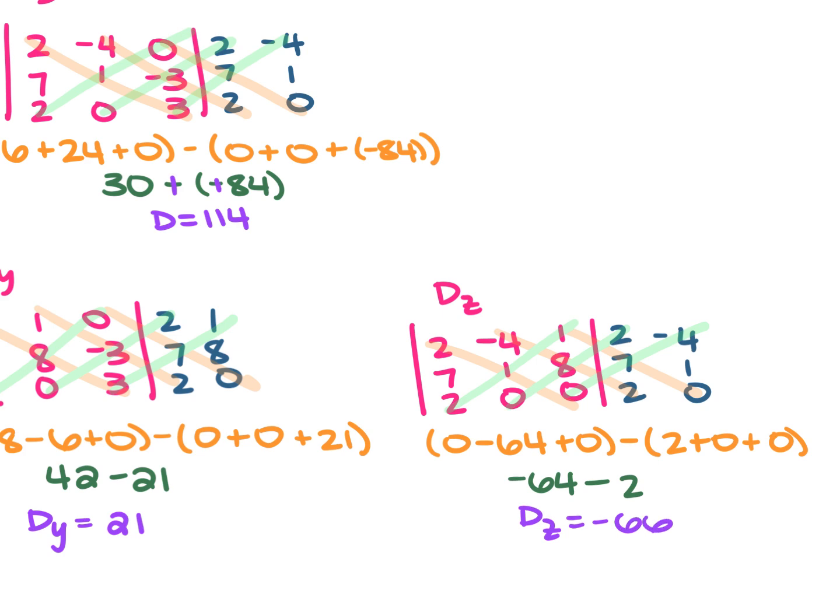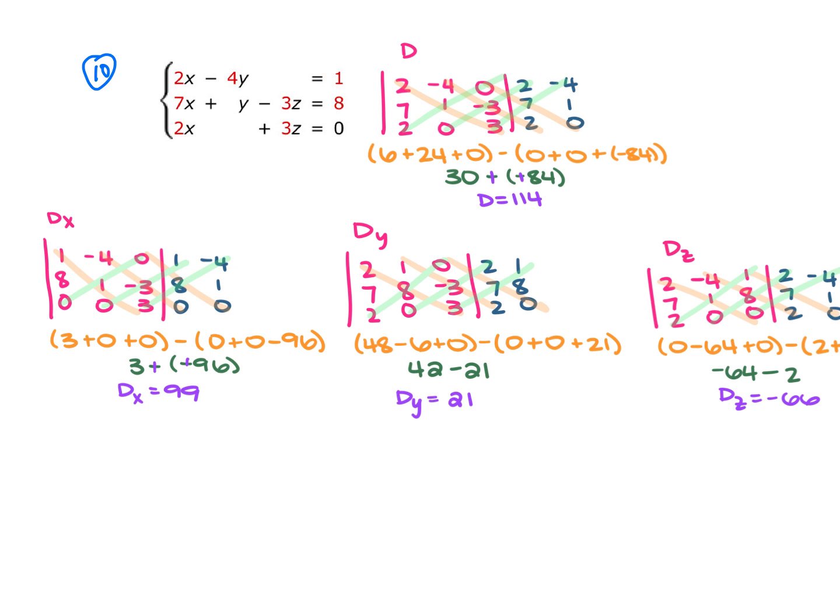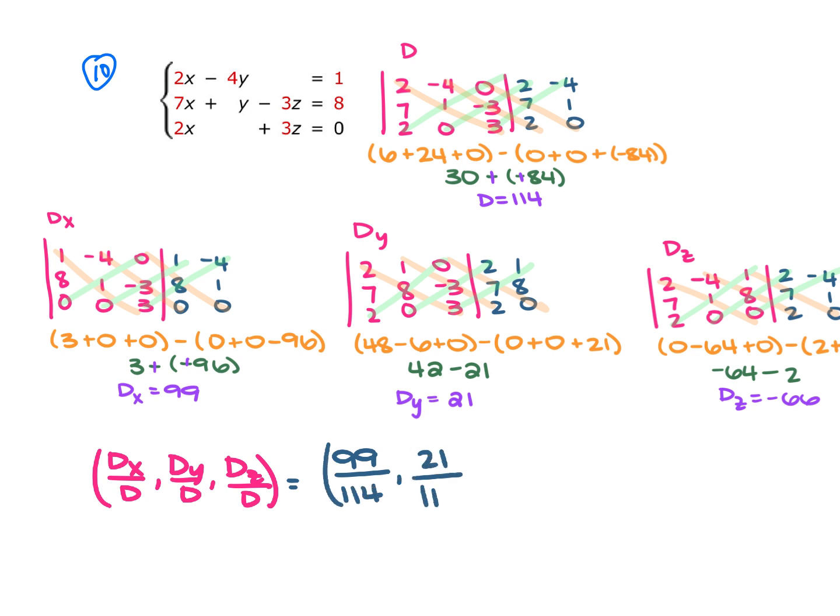So to write your answer, again, you're doing d sub x over d, comma, d sub y over d, comma, d sub z over d. So that means you're going to have 99 over 114, comma, 21 over 114, comma, negative 66 over 114.